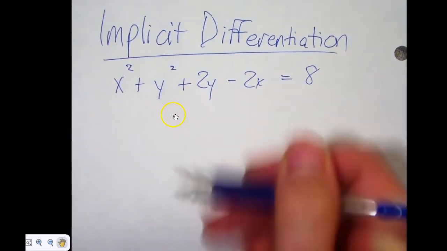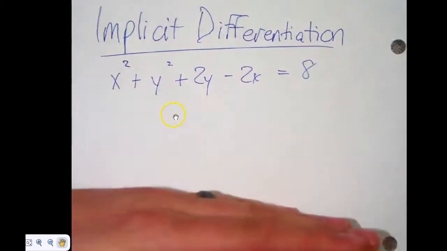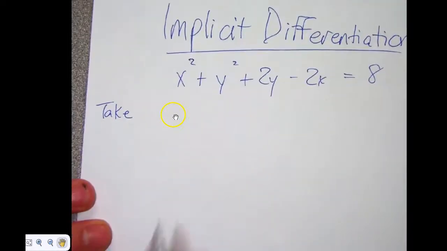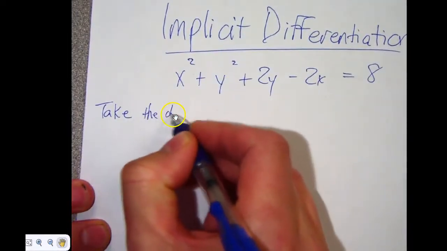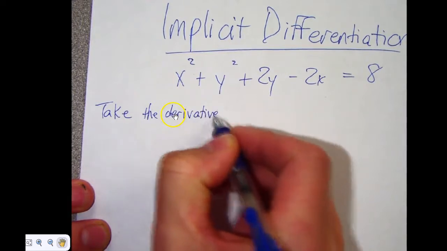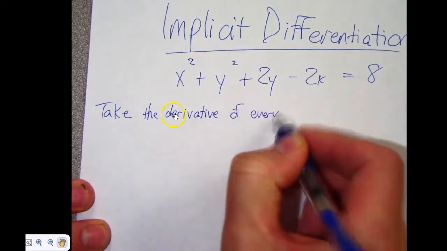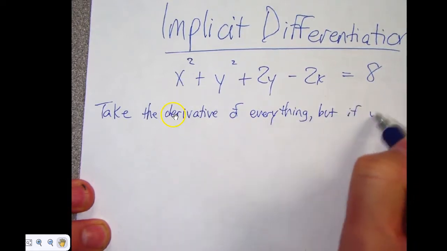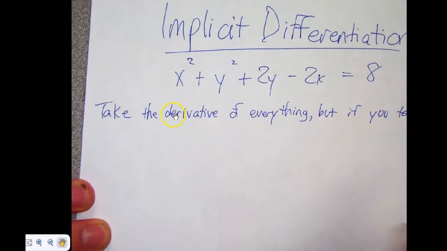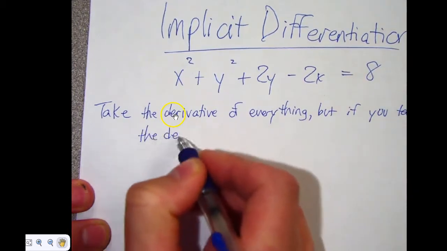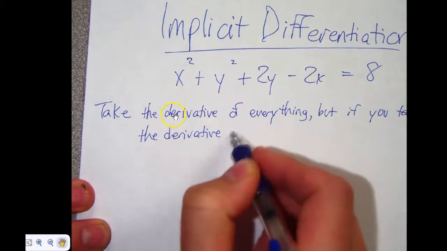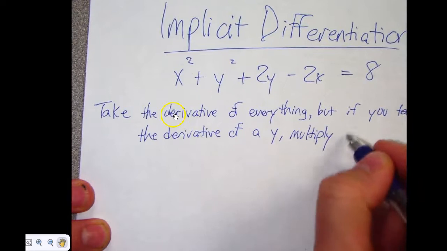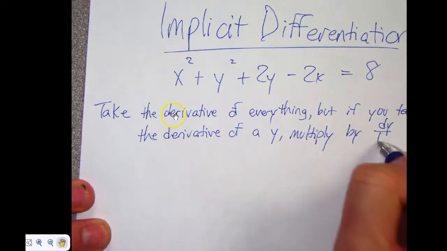I'm going to write the note for the step, and then the step. Does that make sense? So we're going to take the derivative of everything. But if you take the derivative of a y, you multiply by dy over dx.